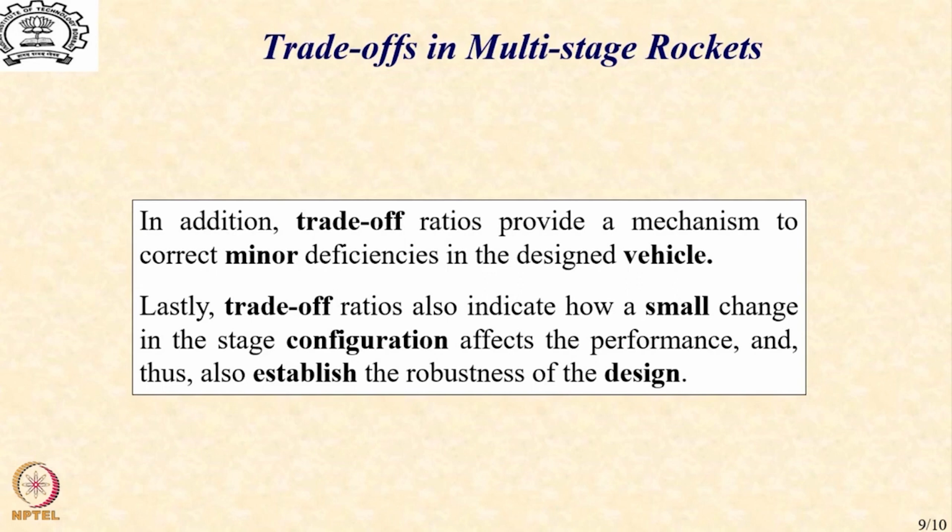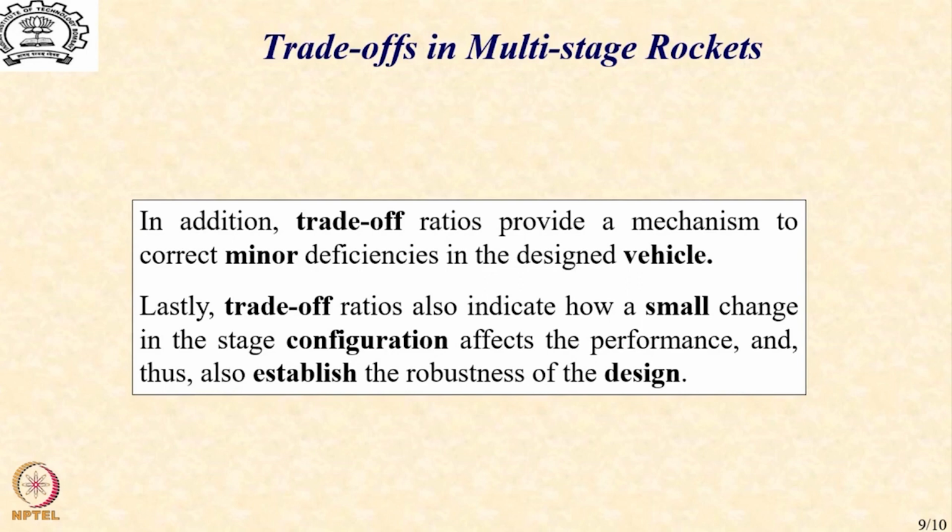Now, if you know what are the changes which have happened because of manufacturing related issues, which anyway cannot be helped, at least you would like to assess how much the performance has changed because of the changes in the fabrication from the designed vehicle.